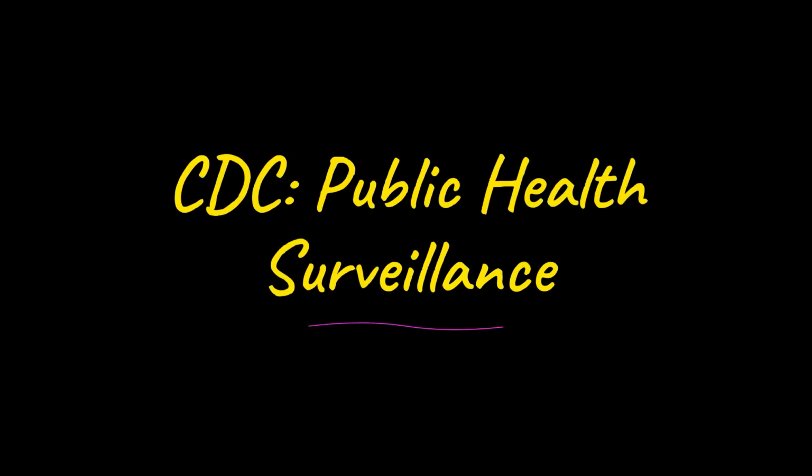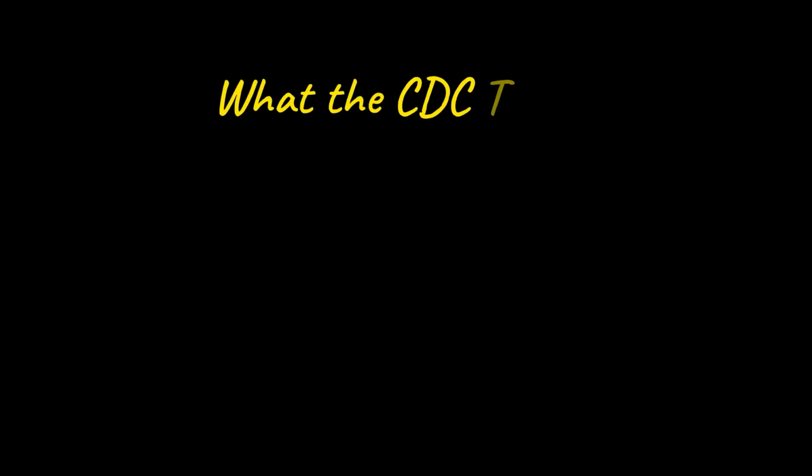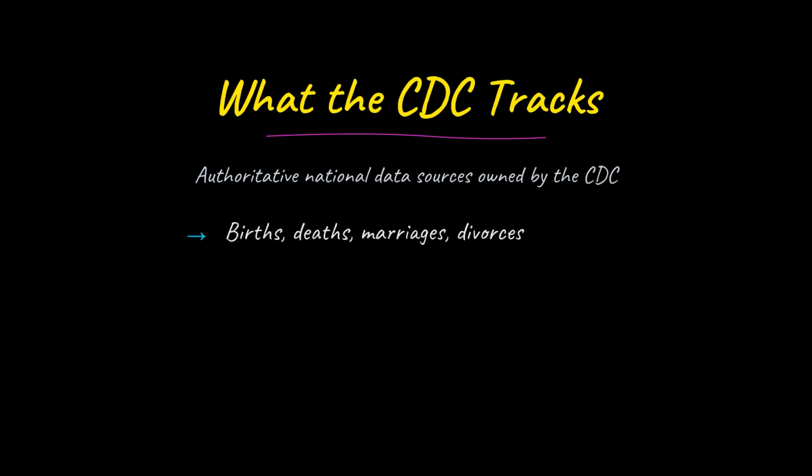The Centers for Disease Control and Prevention is the United States federal agency dedicated to population health surveillance and prevention. Understanding exactly what the CDC owns and what it does not is essential for answering data source questions correctly. The CDC is the authoritative national source for vital statistics and disease data.